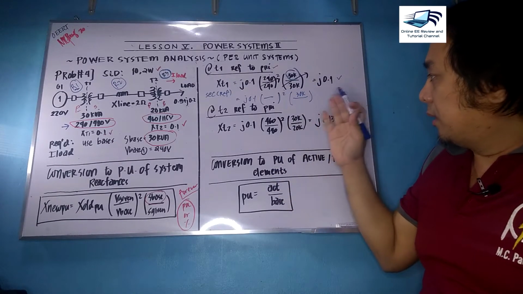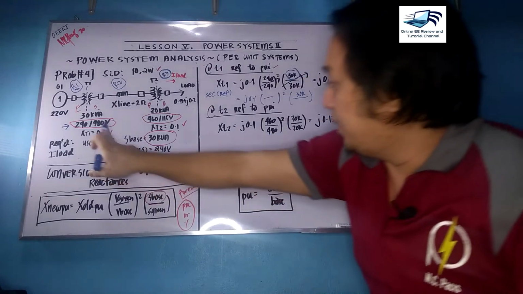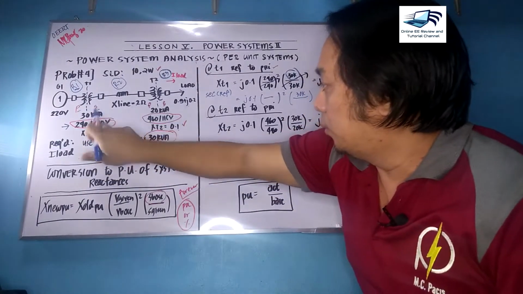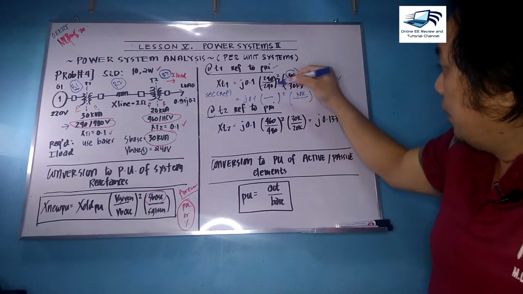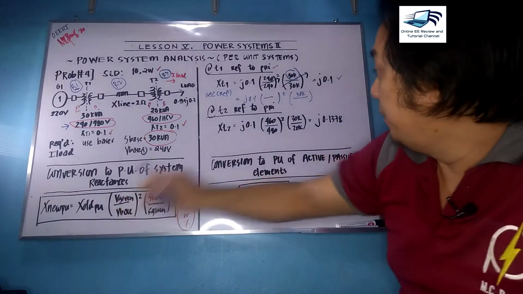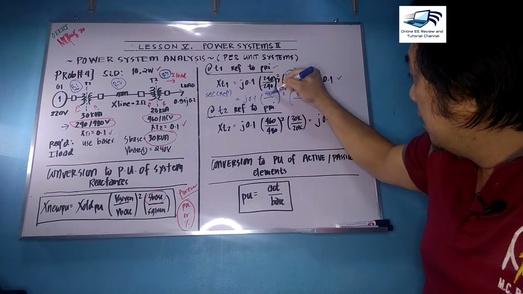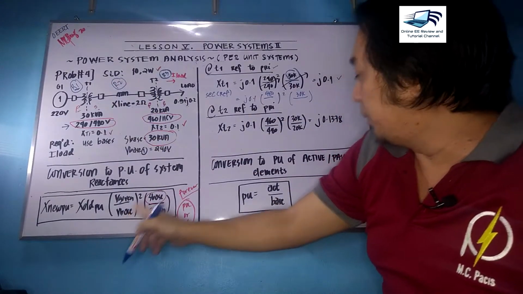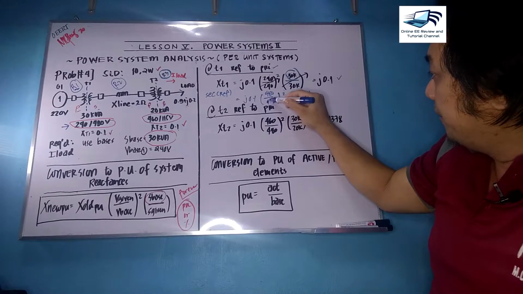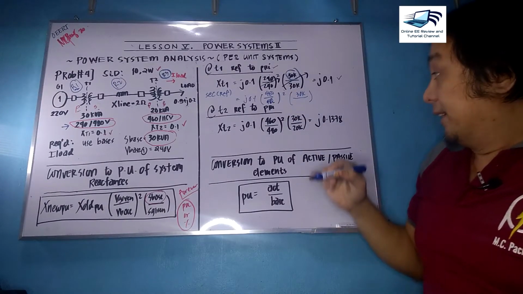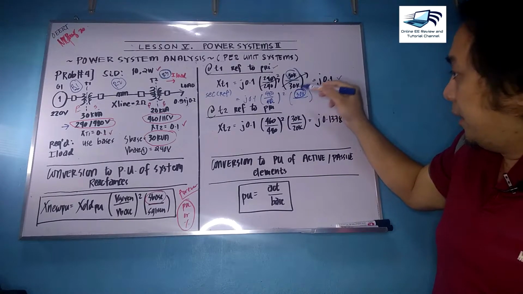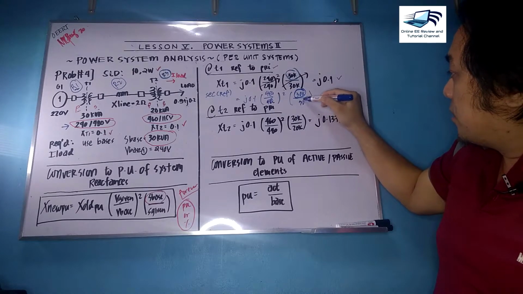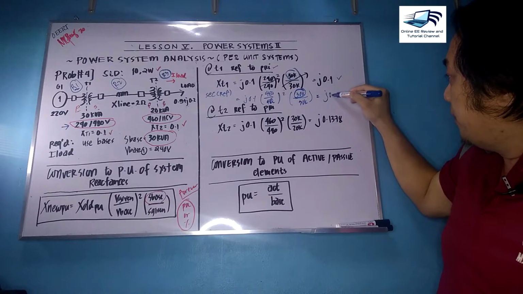The only parameter that is changed here is the given at the secondary side, which is 480. So we have here V given from the formula is 480. Okay, this is in the second region. So based from our computation, at V base 2, we have 480 as well. And you have 30K, the S base, and then you divide it by 30K as well. So the answer here is definitely the same.